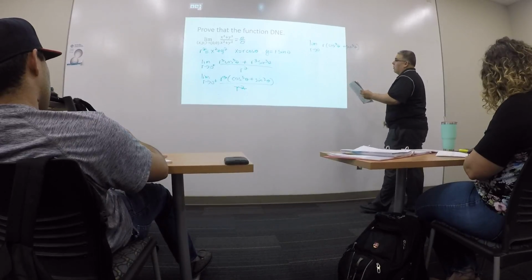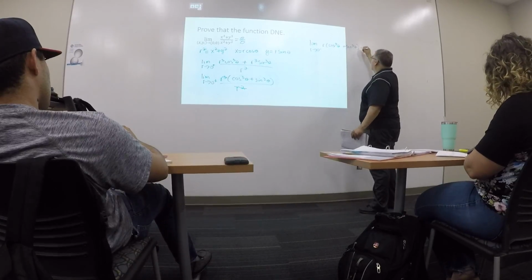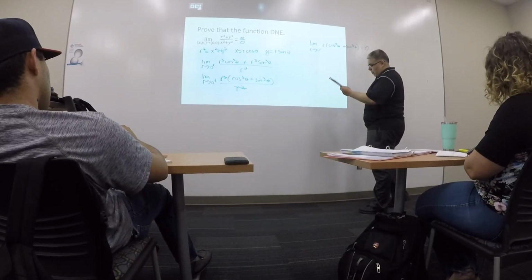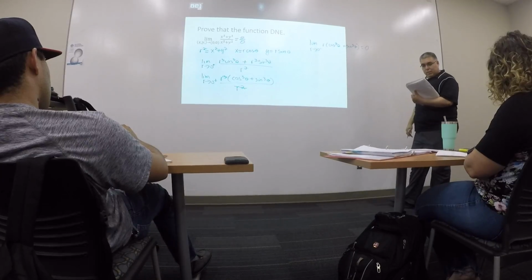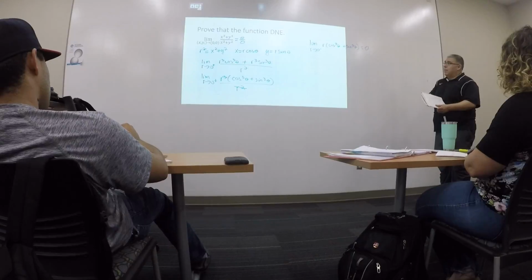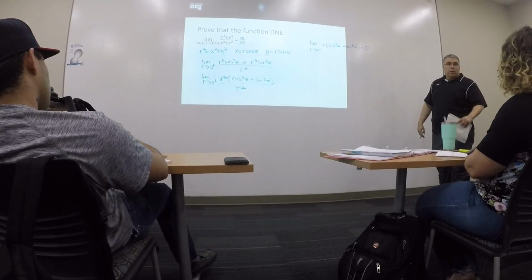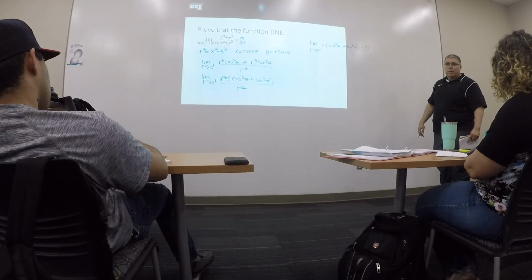And if r goes to 0 from the right, then it's always going to go to 0 here. See that? So my limit is 0. My limit is 0.